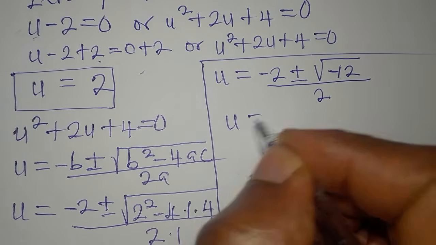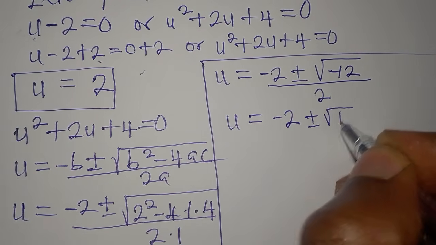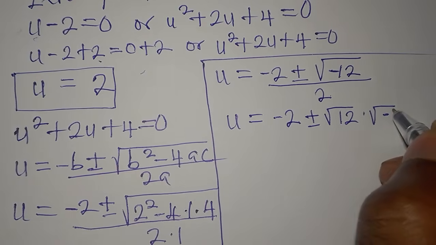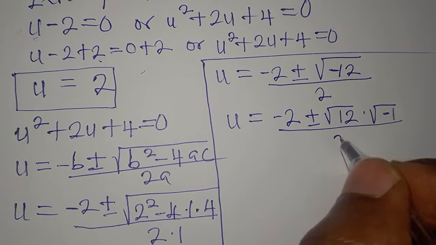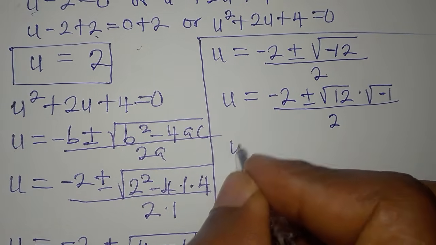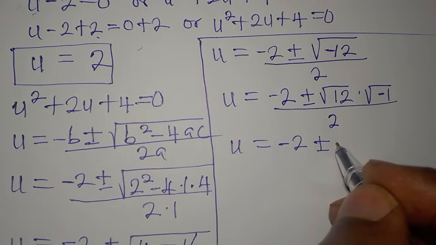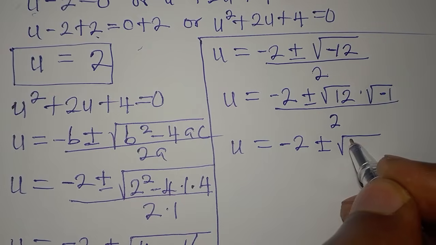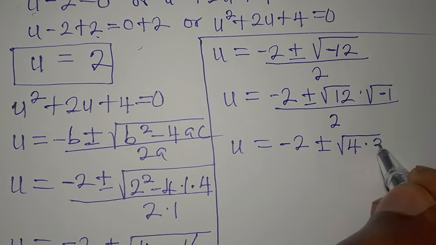Now u is minus 2 plus or minus the square root of 12 multiplied by the square root of negative 1, as we divide all through by 2. But then we can simplify what we have over there, because square root of 12 is the same as the square root of 4 times 3.